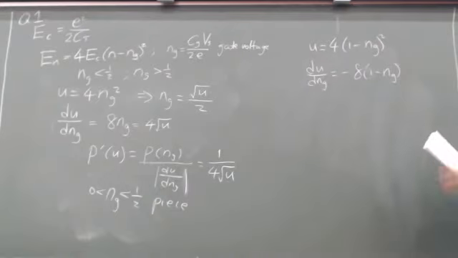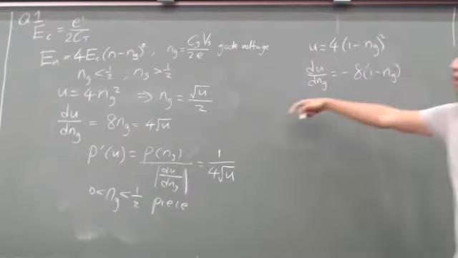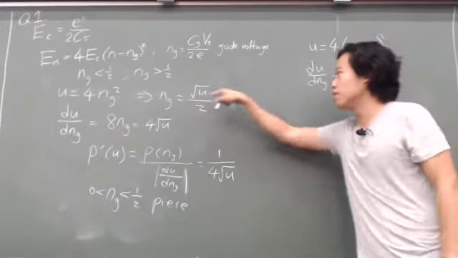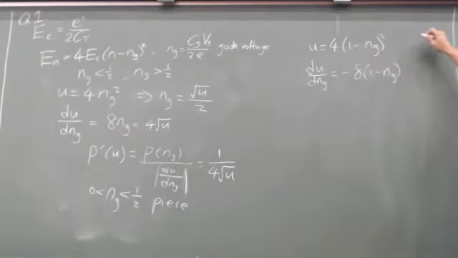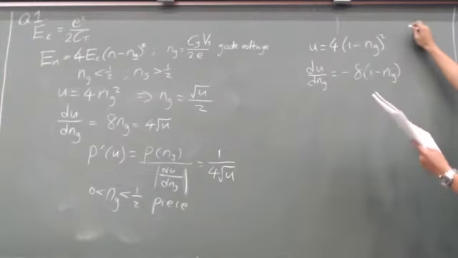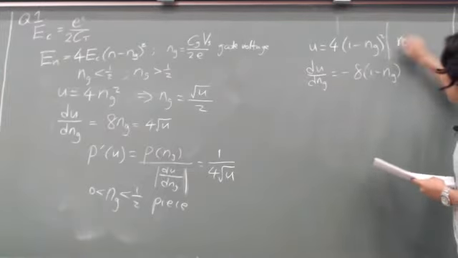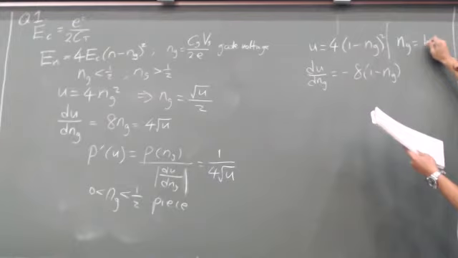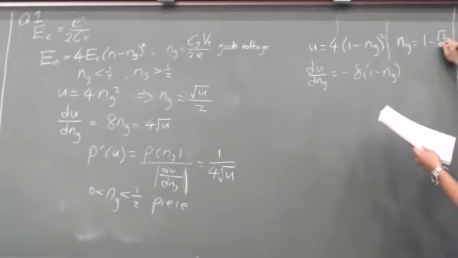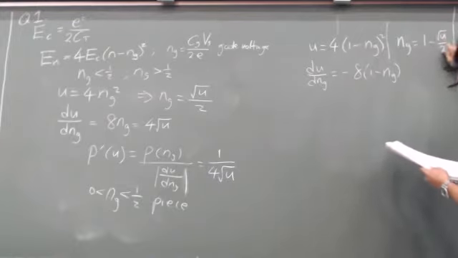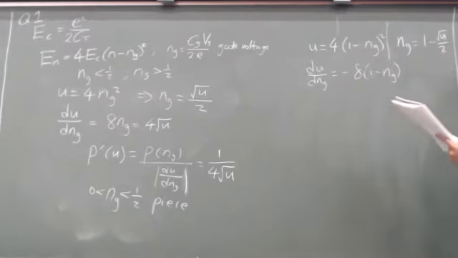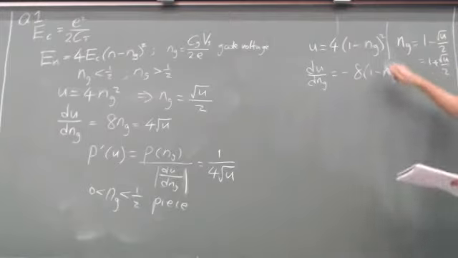But in this case, when we want to invert the function to get ng as a function of U, there are two options. So we can either get ng is equal to 1 minus root U over 2, or we can get ng is equal to 1 plus root U over 2, depending on which sign you take when you take the square root.